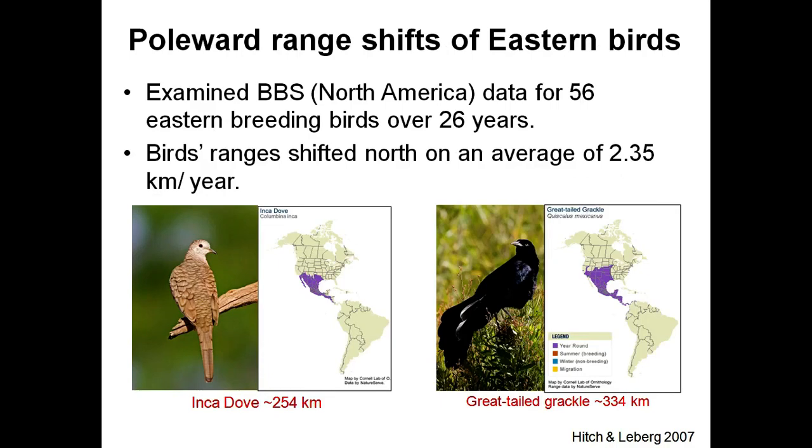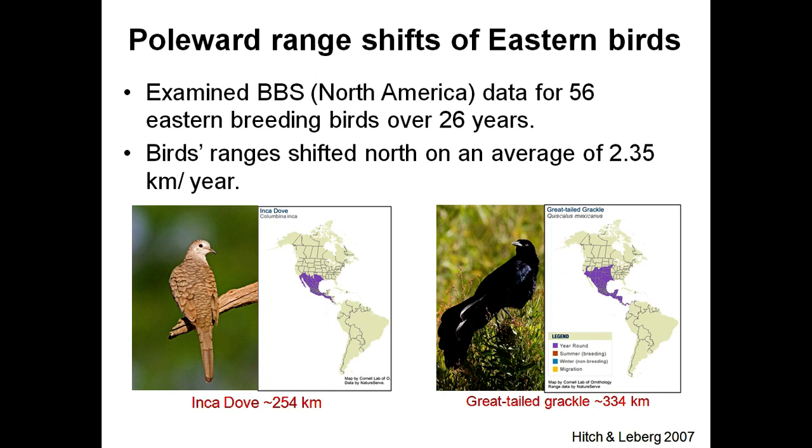So this is an example. Hitch and Lieberg studied the range shifts of eastern birds, and they collected data for 56 species of eastern birds using breeding bird survey data covering 26 years. On average, one of those species shifted north 2.35 kilometers per year.